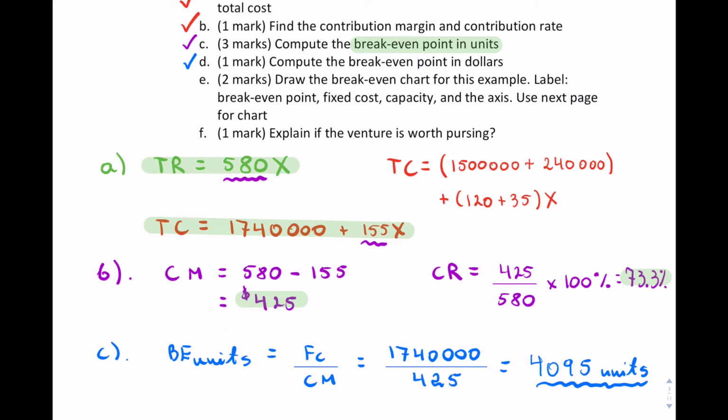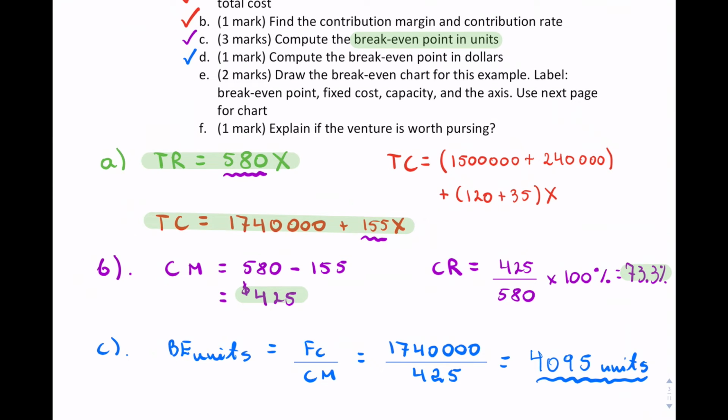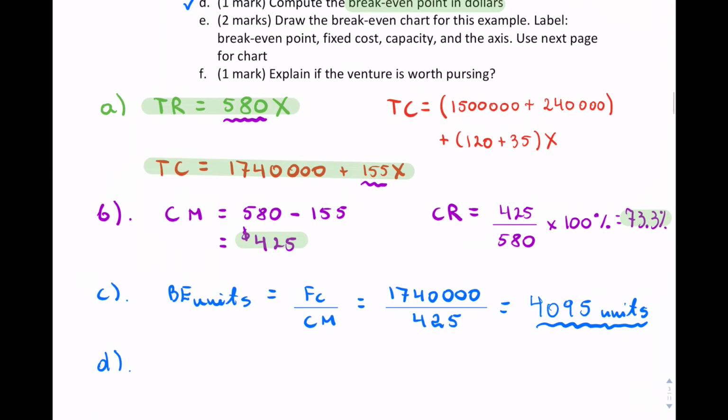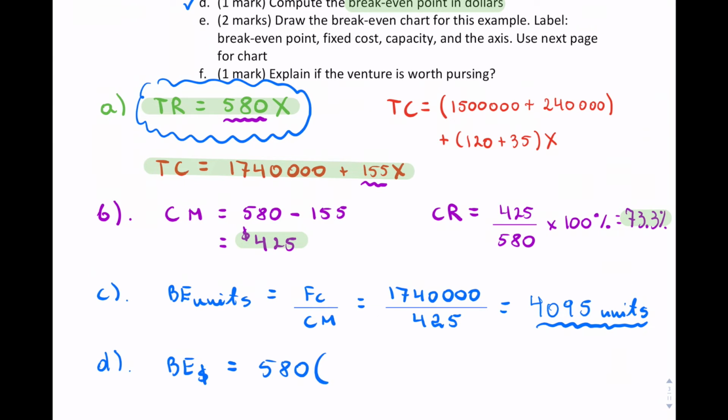Now, part D says to calculate it in dollars. So to get in dollars, break-even in dollars equals, we'll take the total revenue function, and we have to calculate it at X, which is at break even.